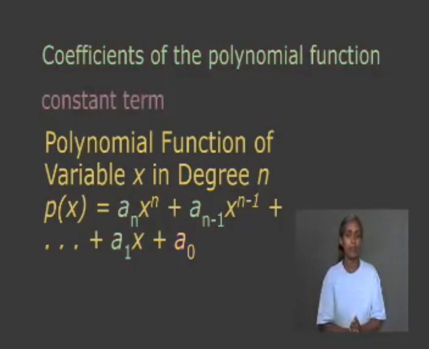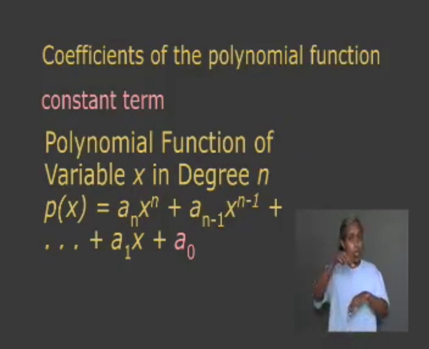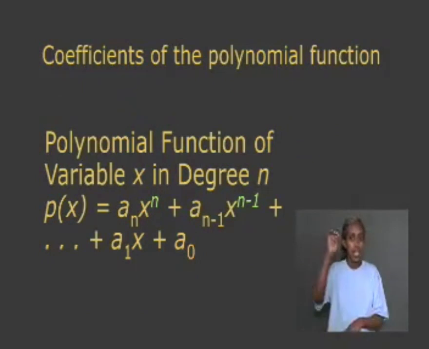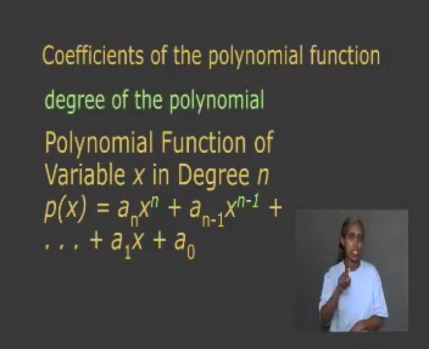The number a sub 0 is called the constant term of the polynomial. The number n, which is the exponent of the highest power of x, is the degree of the polynomial.